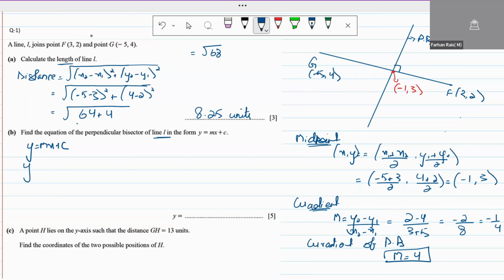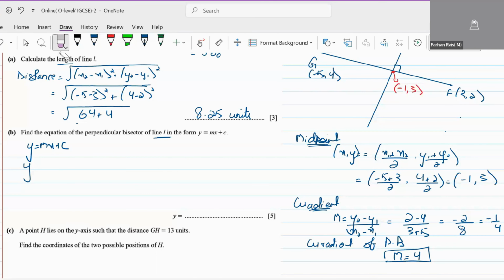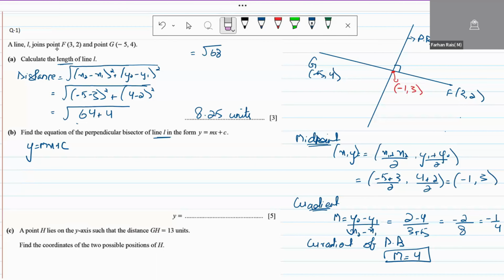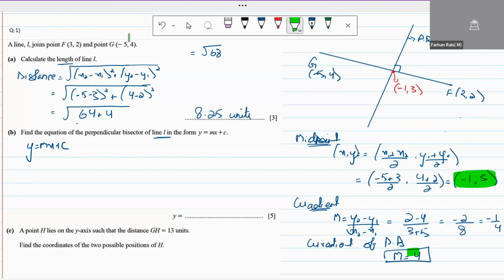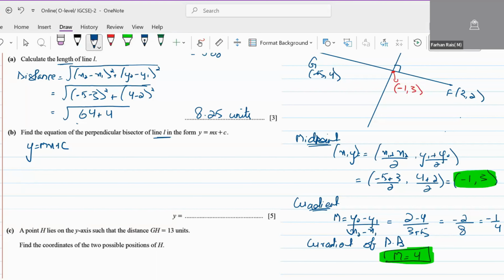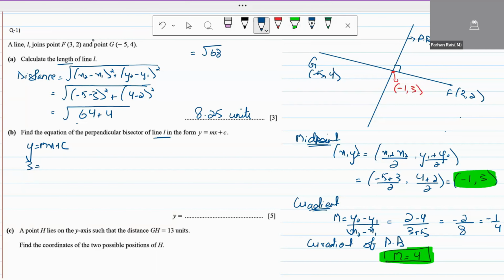We use the point (-1, 3), the point on the line, and 4, the gradient of the line. It would be 3 is equal to 4 into -1 plus c. 3 plus 4 is equal to c. So we get c as 7.